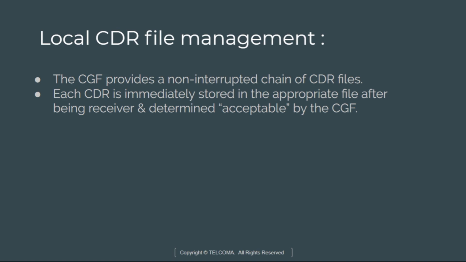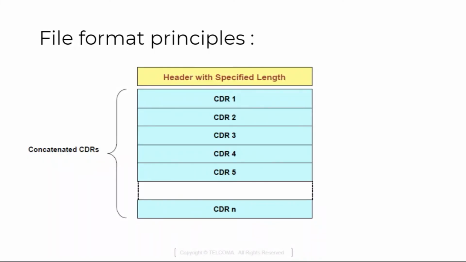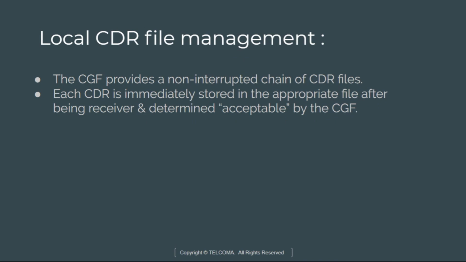Each CDR is immediately stored in the appropriate file after being received and found acceptable. The conditions are: a configurable file size limit, a configurable file lifetime, which is known as the interval, a configurable number of CDRs within the file, manual actions, and system-defined reasons. When a CDR file is closed, the next matching CDR shall be placed in the next file in the chain.